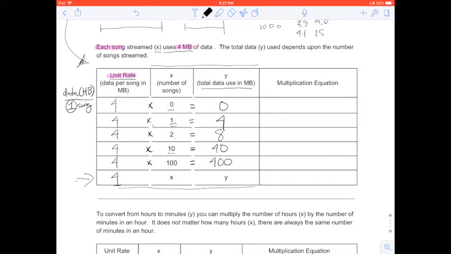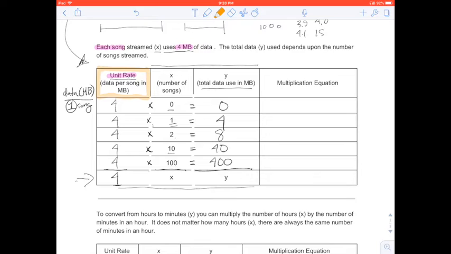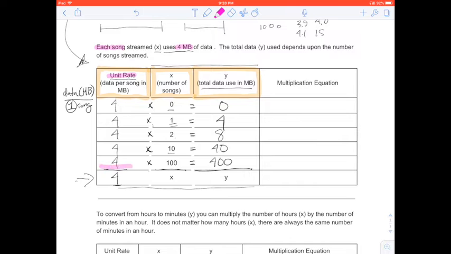I know that probably sounds really annoying to hear me say that over and over again, but if you say that to yourself while you're looking at this situation, or if your preferred method of examining a proportional relationship is to make a table, then if you do that and you look at this, my unit rate times my number of songs is the total data use, and you have taken care to label your table to show what each of those quantities mean, then you can pretty much just read across: my unit rate times my number of songs is equal to the total data use.